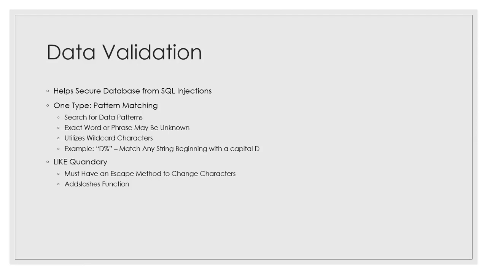So the LIKE query helps you to have an escape method in order to change characters. And then you also have something called the addslashes function, which allows you to ensure that you're specifying the range of characters that's needed by the system in order to escape.